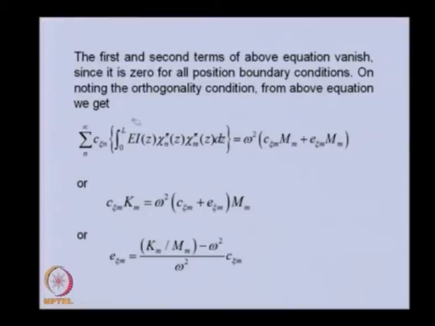This we saw earlier, this particular expression is nothing but the generalized stiffness. It can be written like this, and it will be 0 if m is not equal to n. That means only one term will be left out, corresponding to m equal to n, and the others will be 0. The corresponding generalized stiffness is written here.